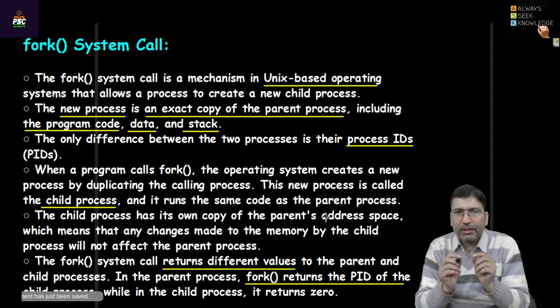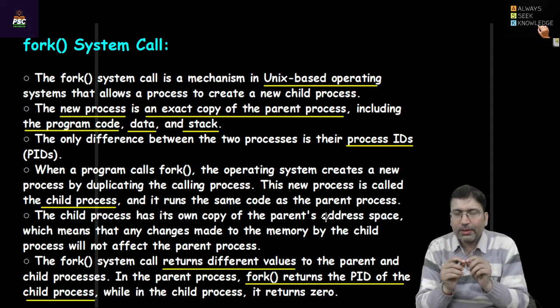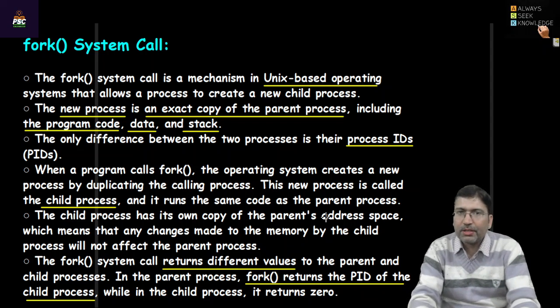These two return values help the system understand which particular process is executing fork, whether the parent or the child. Based on the return value, the system can distinguish. So let's look at the manual and try to understand fork, and then we write code also.